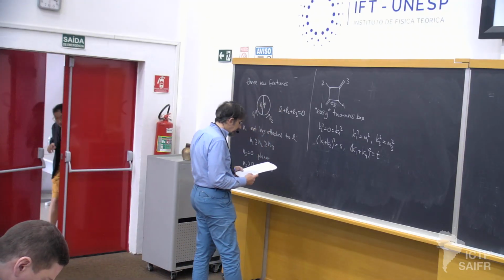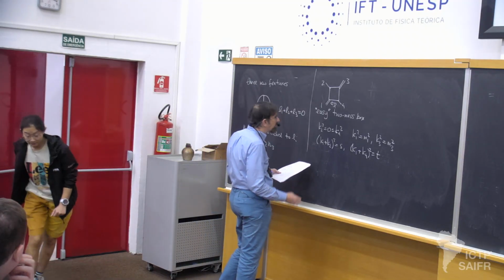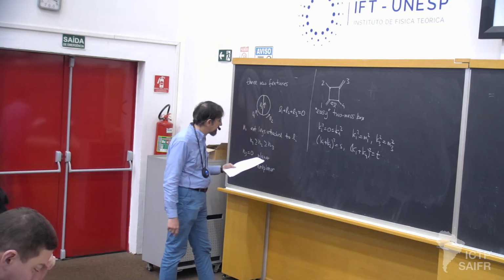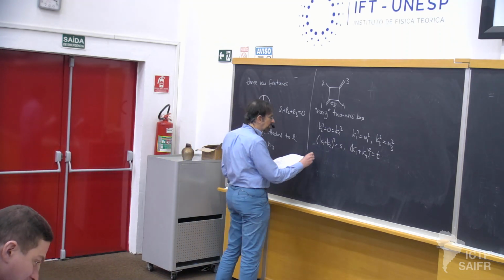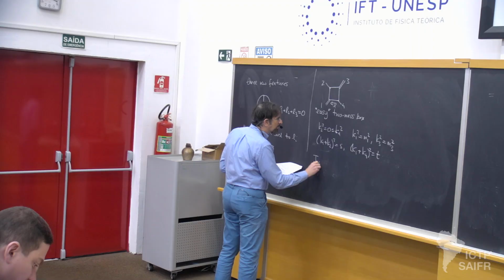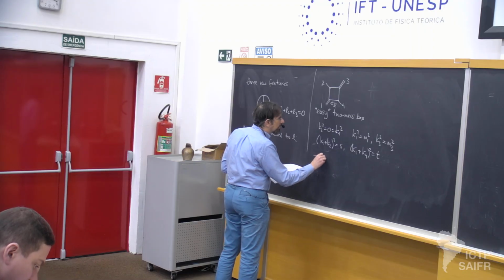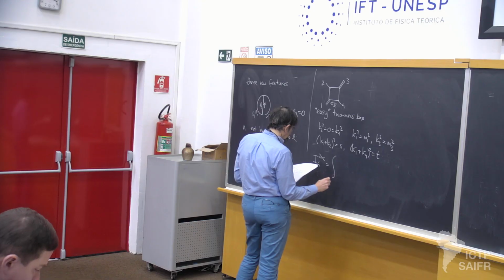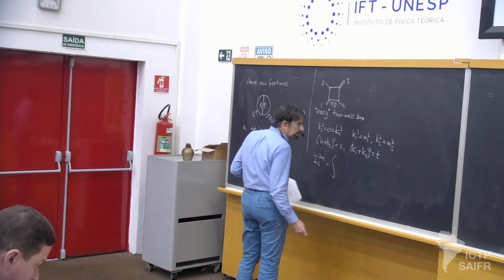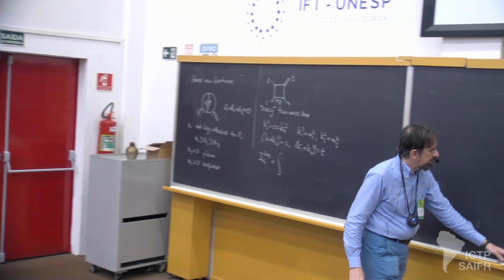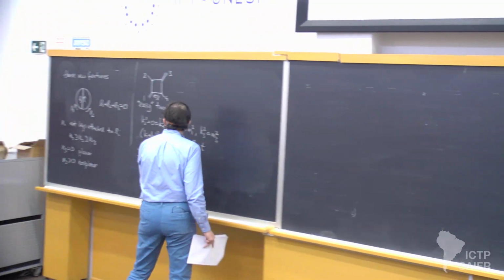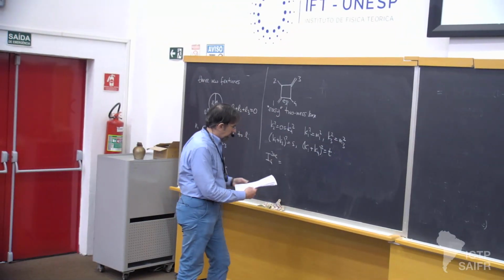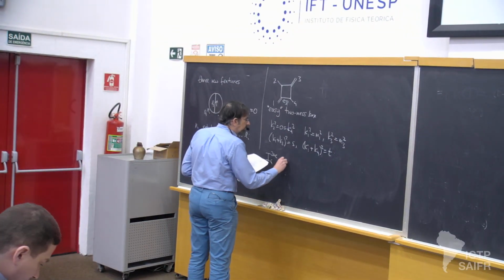So let's introduce Feynman parameters, shift the loop momentum, Wick rotate, and perform the loop integration, something everyone here knows how to do. And then we get a form. We get a Feynman parameter integral.